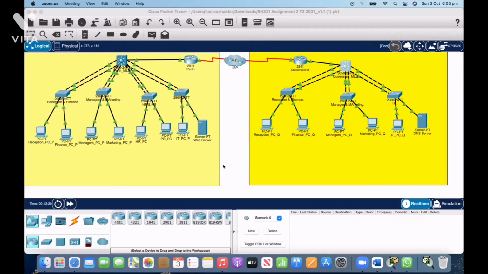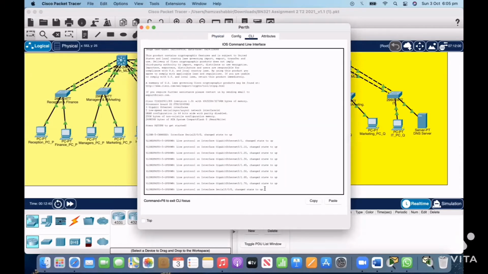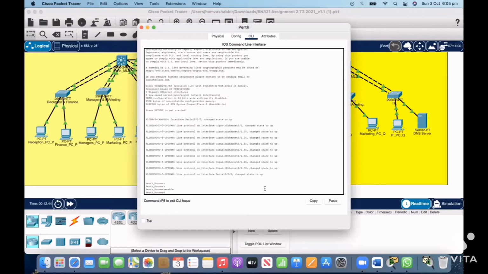Hi everybody, my name is Hamza, and I'm going to talk about the routing protocols we are using for the Perth and Queensland branch. I'm going to talk about one of the basic protocols we are using for the Perth branch, that is the RIP protocol, the Routing Information Protocol.